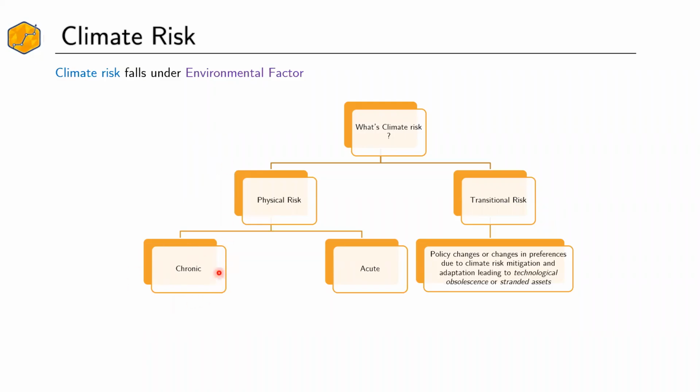We can call some of the physical risk chronic physical risk and some acute. Before I show you the examples, can you take a guess what the examples of physical risk are? Going by the name, what are the examples of physical risk?